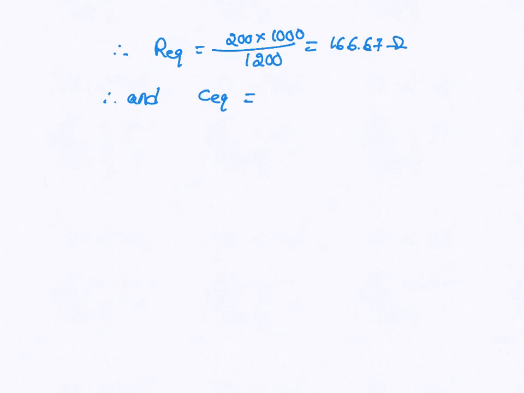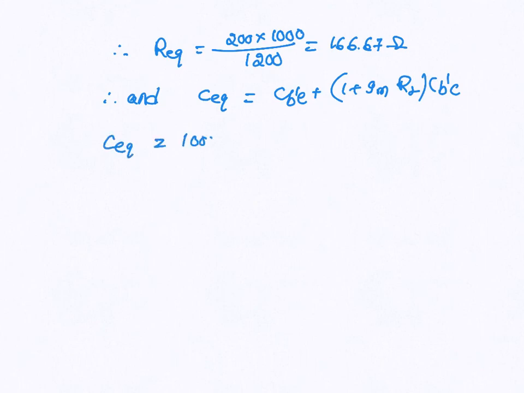And we know that C equivalent is Cb'e plus 1 plus gm into RL into Cb'c. So this is the formula for C equivalent. Cb'e has given 100 into 10 power minus 12, plus 1 plus gm, which he has also given. The gm value is 50 into 10 power minus 3, RL is given as 1 kilo ohm, and Cb'c will be 3 into 10 power minus 12.